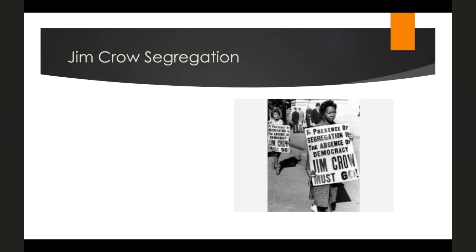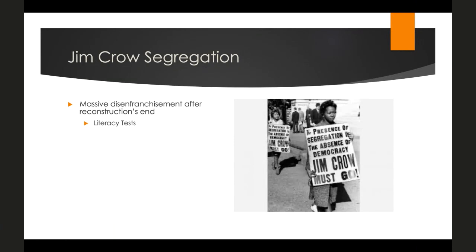Picking up where we left off last class with the end of Reconstruction, and in the aftermath, as we discussed briefly, there was massive disenfranchisement of African Americans in the South through the creation of black codes, but more specifically through various ways of manipulating the laws to prevent African Americans from registering or voting.